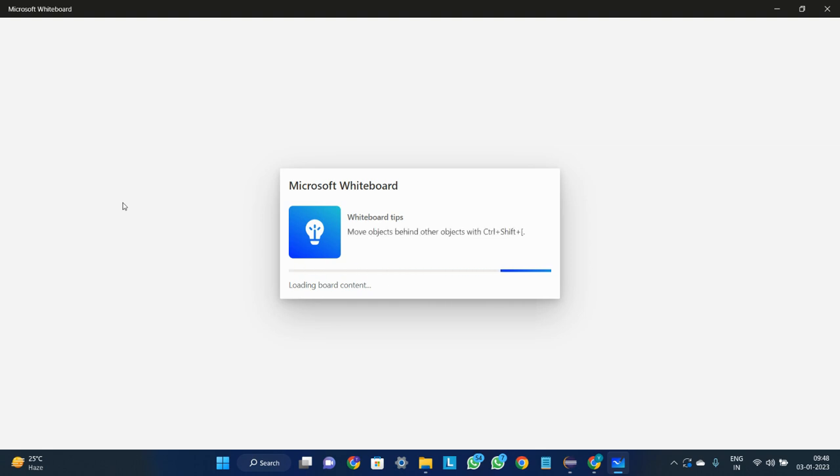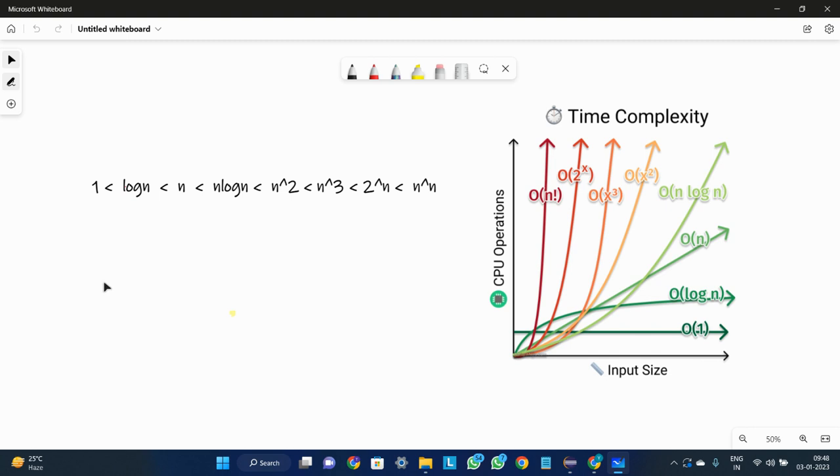If we observe the graph in the image, it will look like this: order of n, order of log n. You can observe the graph like this for larger inputs. This helps when you solve any DSA problem.